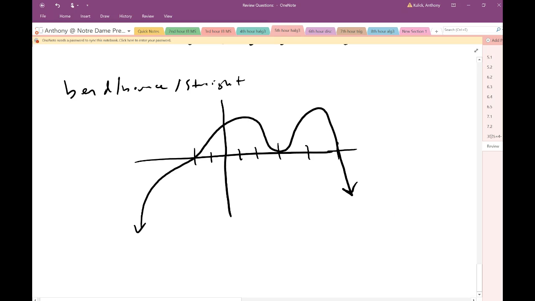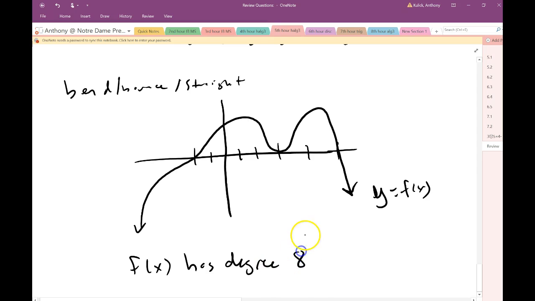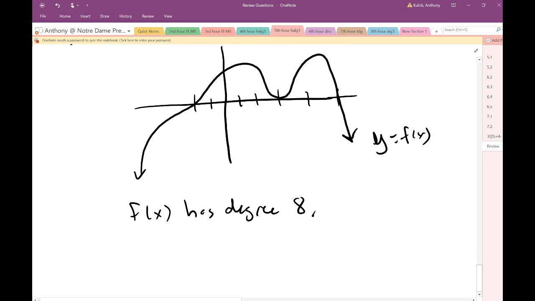So here's a graph that you might be given. This is the graph of f of x, and you'd be told, say, f of x has degree 8 or something. So I could ask you, what are the zeros that we see on this?